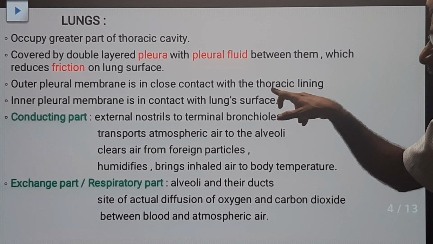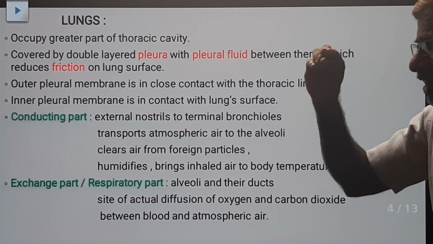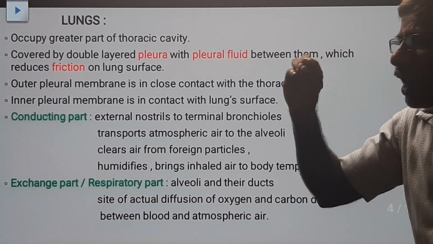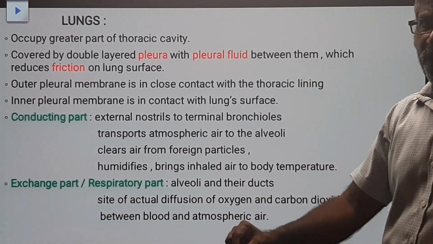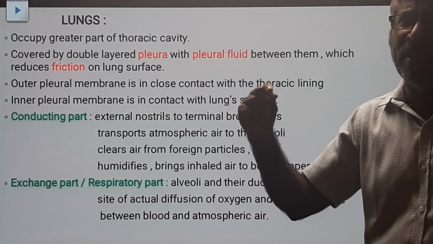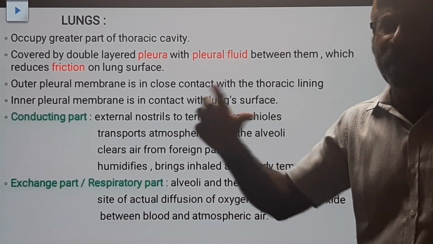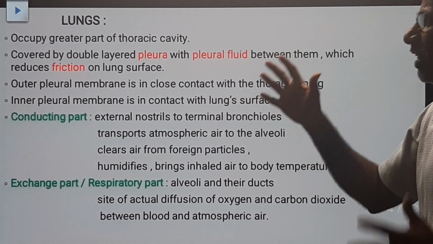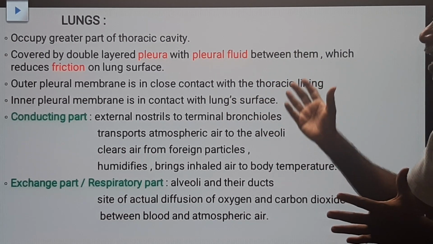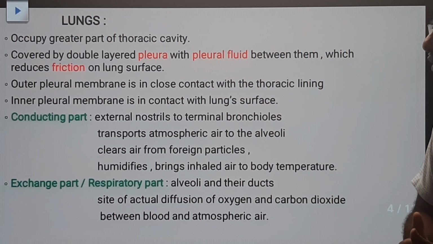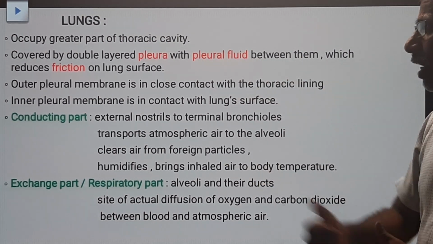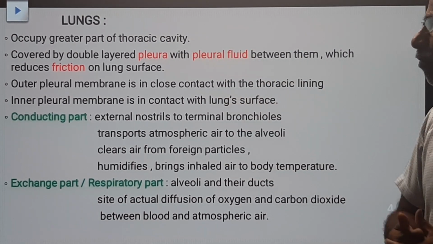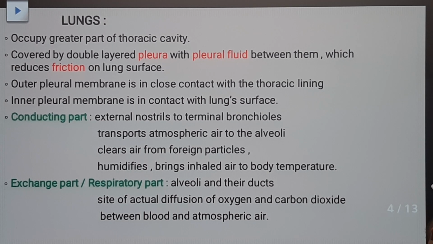Between the parietal layer and visceral layer there is a thin, film-like cavity called the pleural cavity. This pleural cavity is filled with pleural fluid, which protects the lungs from friction.